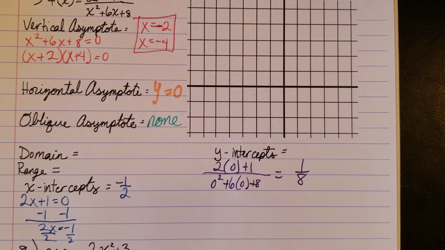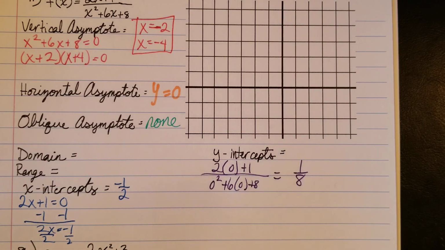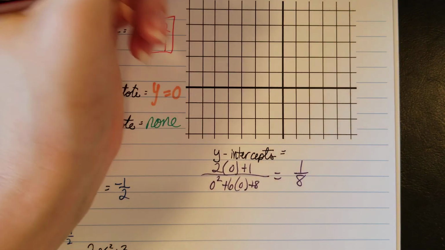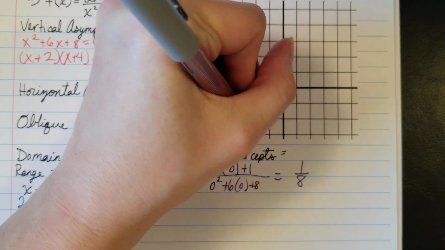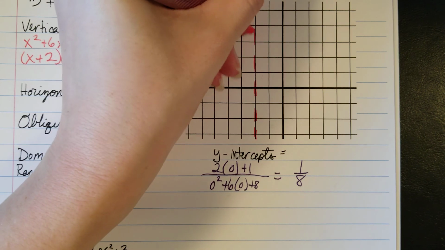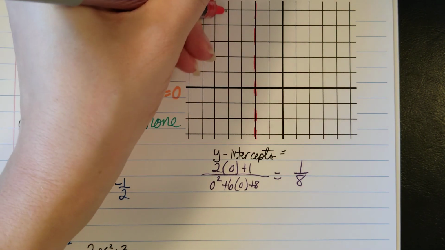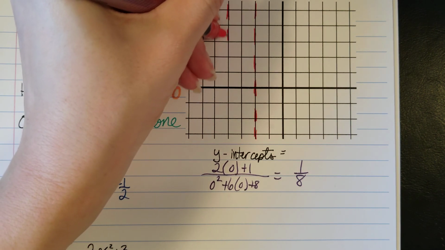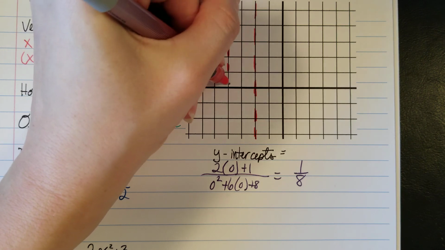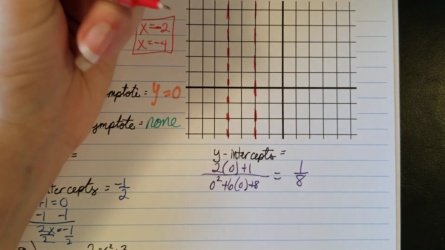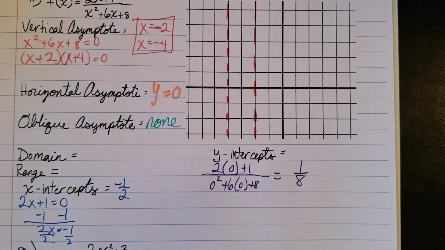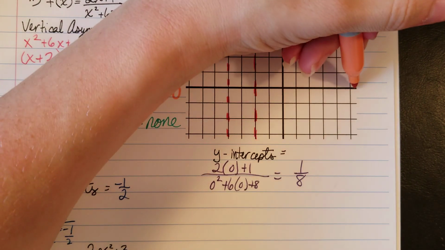All right, and then let's just put all that on the graph. So we have 2 vertical asymptotes. One is at -2, the other one's at -4. And then the horizontal asymptote at 0.